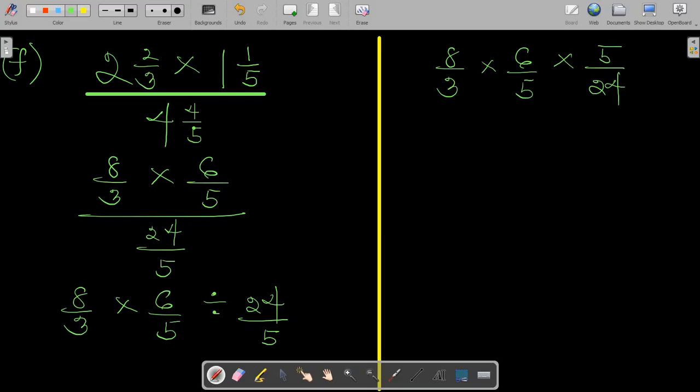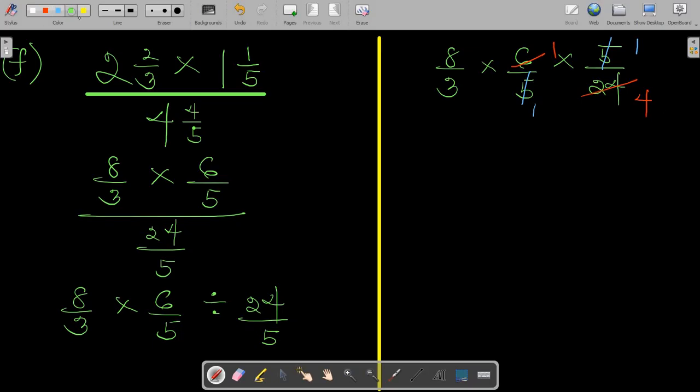That's the result. So I notice here now that 6 can divide 24 to give us 4. I will just say 6 goes in 6, 1, 6 goes in 24, we have 4. I also notice that 5 goes here, 1, 5 goes here, 1. I still notice that 4 can divide this 8.